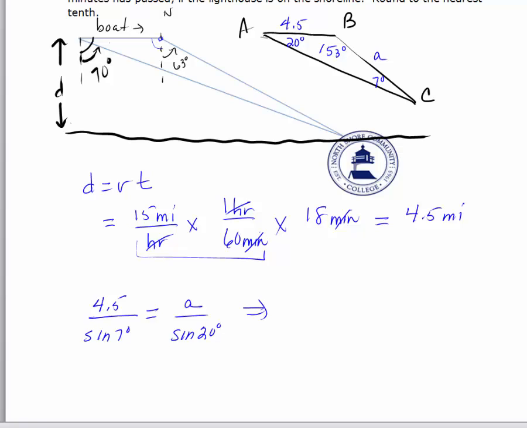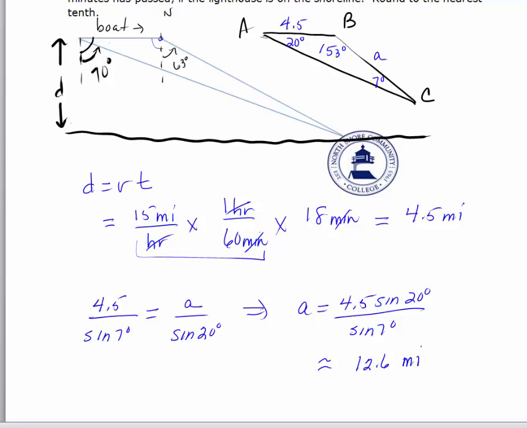After setting your cross products equal to each other and dividing, we get A is equal to 4.5 times the sine of 20 degrees all over the sine of 7 degrees, which when evaluated on your calculator is approximately 12.6. Since we were asked to round to the nearest tenth, and this is going to be in miles.